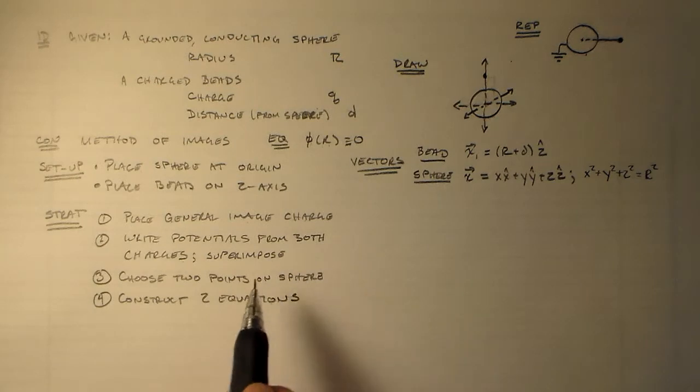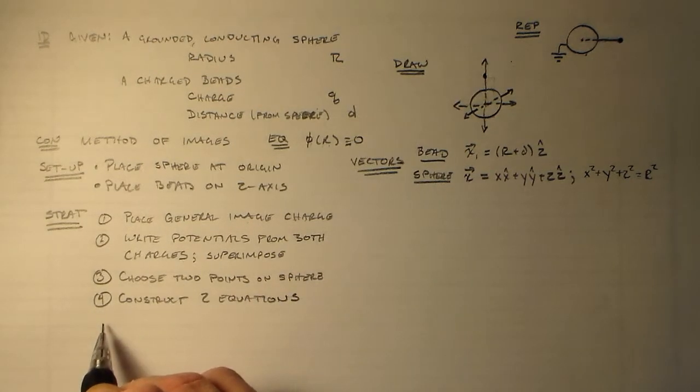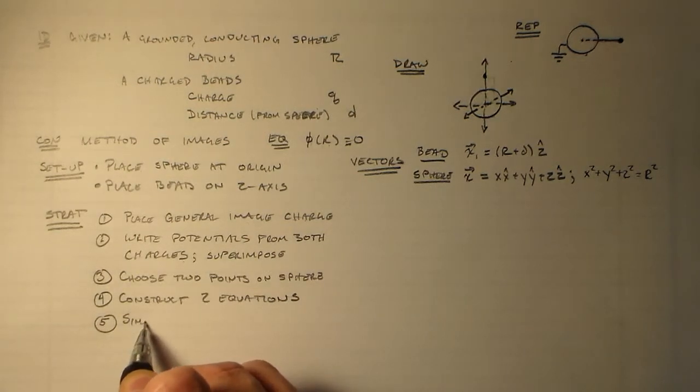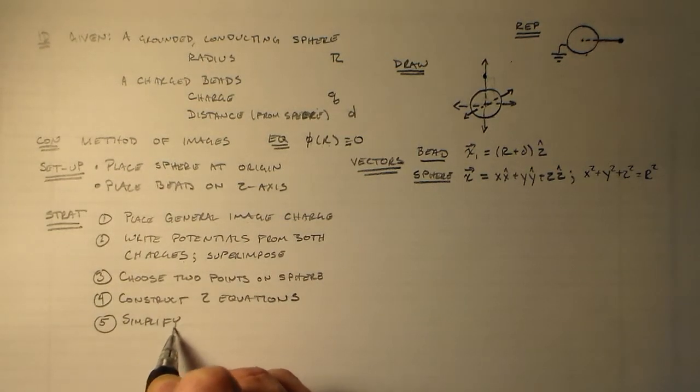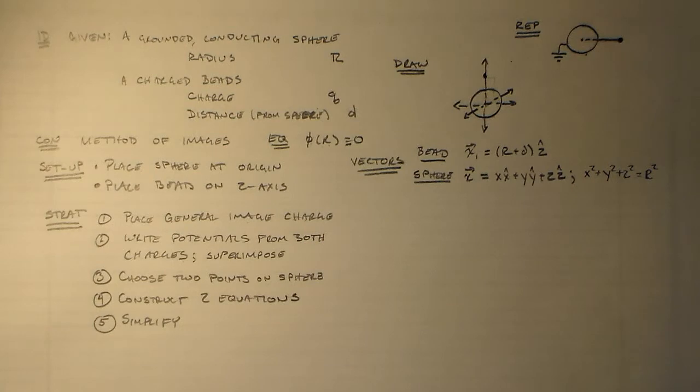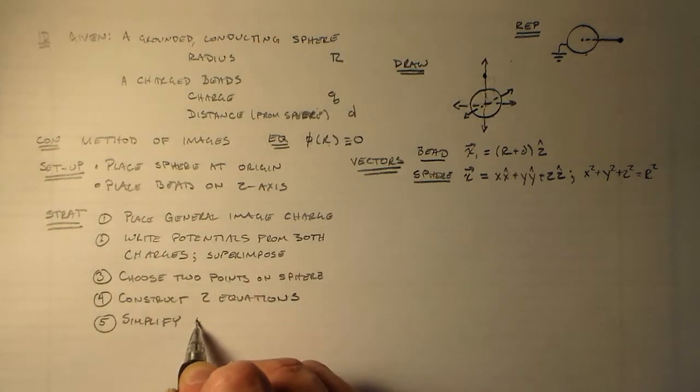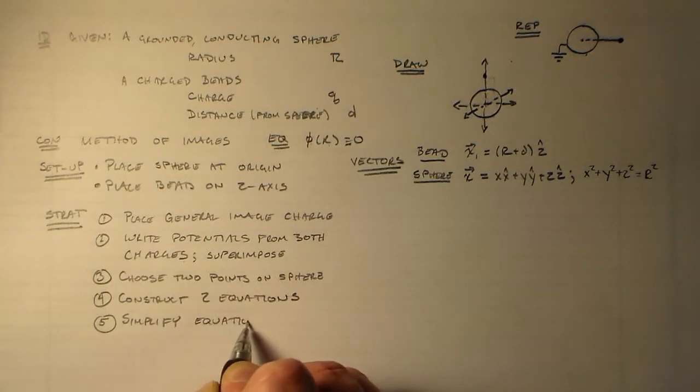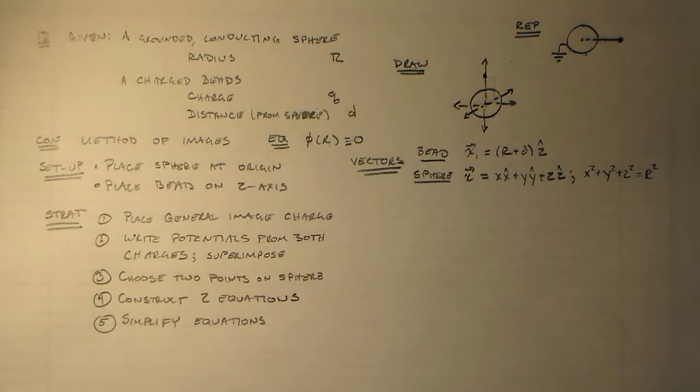And then what we're going to do is take some time to simplify things. That's going to be very important because we're going to have denominators and numerators and stuff like that. We'll simplify the equations so that we can manipulate them pretty well, and then we'll solve them.